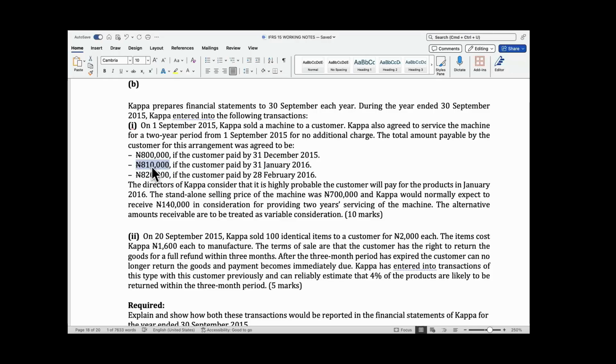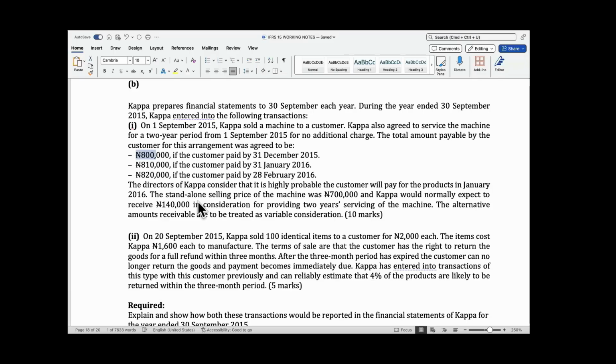Even though the 10,000 we can describe as a variable consideration, altogether the money we're expecting is 810,000. The increase from 800 to 810, that additional 10,000, is a variable consideration because it's varying because of time. It's the total money, 810,000, that goes into our books as revenue.